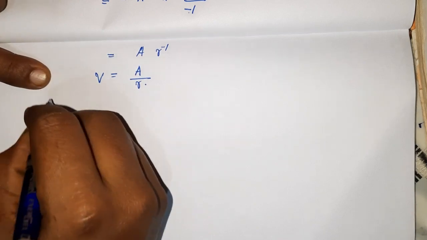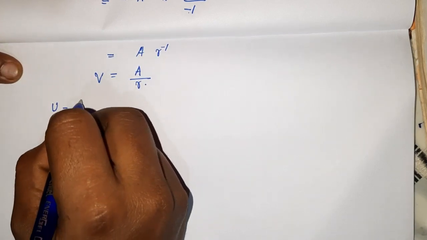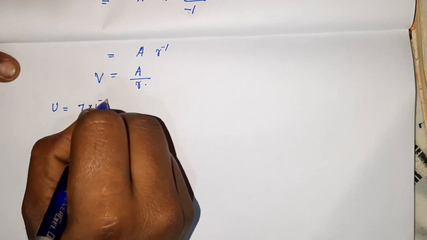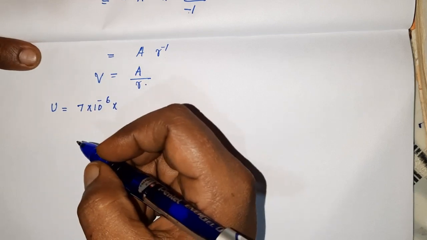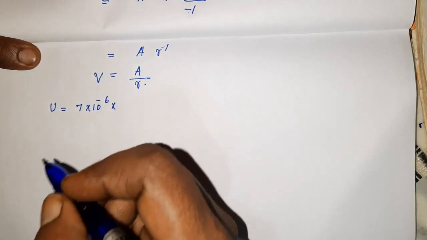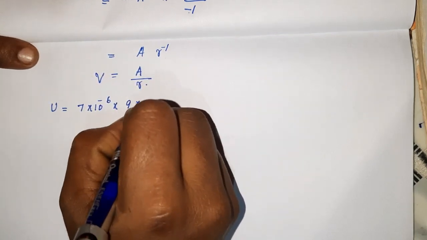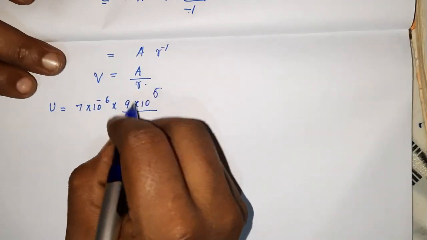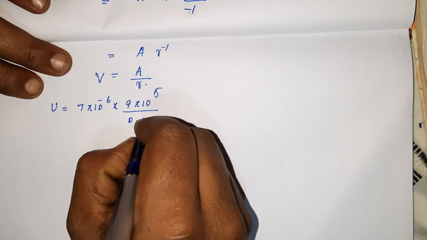So the expression for potential energy is equal to Q1 into, Q1 is what? 7 microcoulomb, 7 into 10 raised to minus 6 into A by r. The value of A is 9 into 10 raised to 5 divided by, that r is 9. No need of considering the coordinate, you take that 9 centimeter only.